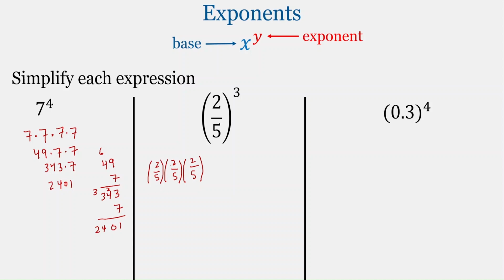So we're going to do 2/5 times 2/5. We multiply fractions: numerator times numerator, which is 4, denominator times denominator, that's 25. That's that first pair. And then we have 2/5 again. And then 4 times 2 is 8. 25 times 5, we did on the previous slide, and that's 125.